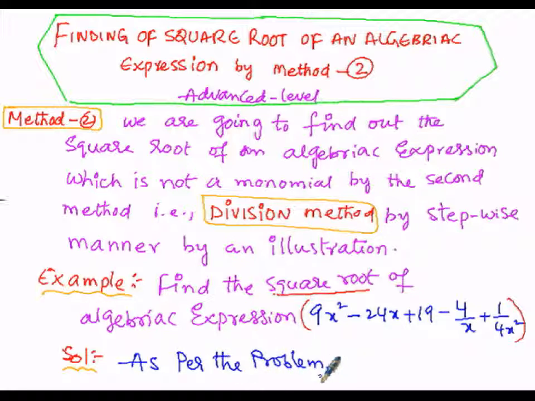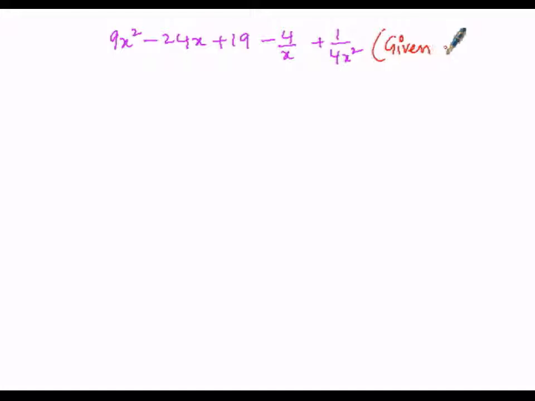the given algebraic expression is 9x square minus 24x plus 19 minus 4 by x plus 1 divided by 4x square.